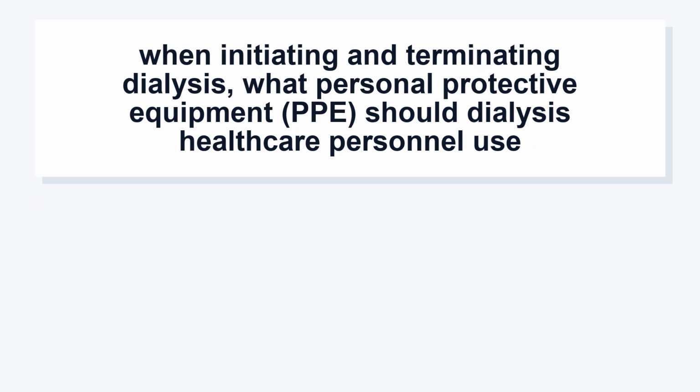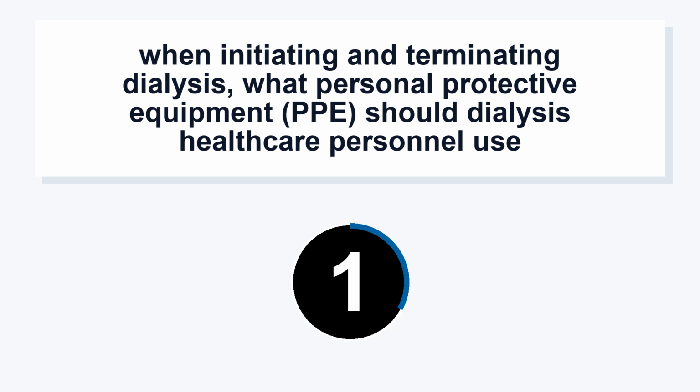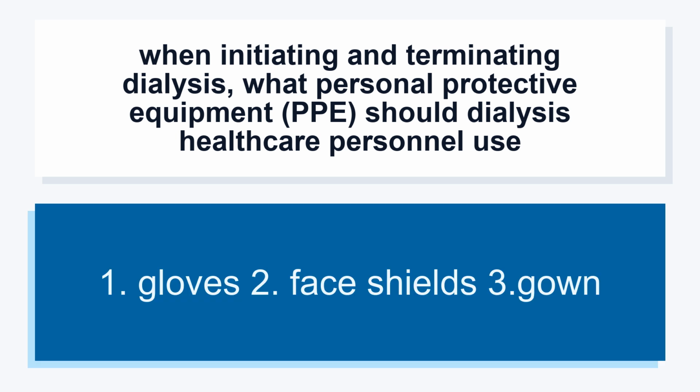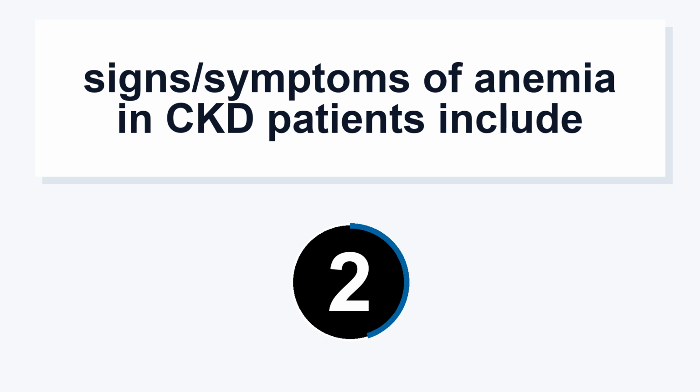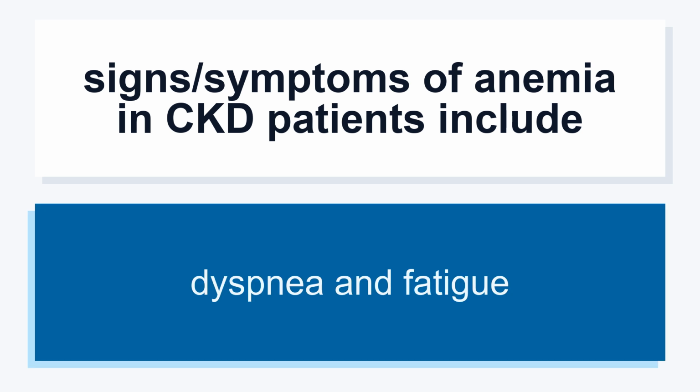When initiating and terminating dialysis, what personal protective equipment, PPE, should dialysis healthcare personnel use? 1. Gloves. 2. Face shields. 3. Gown. Signs and symptoms of anemia in CKD patients include dyspnea and fatigue.